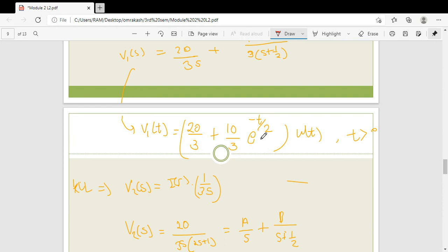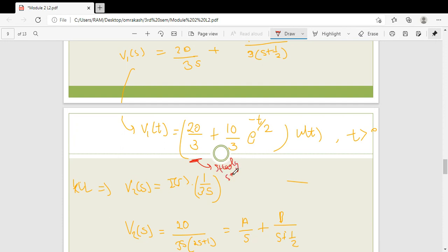Because in the starting cycles only this exponential term is present, but when t increases, it becomes zero. So that's why at steady state this exponential term becomes zero, and you only get this output. So this is nothing but your step output, right? So this constant term represents your steady state output.